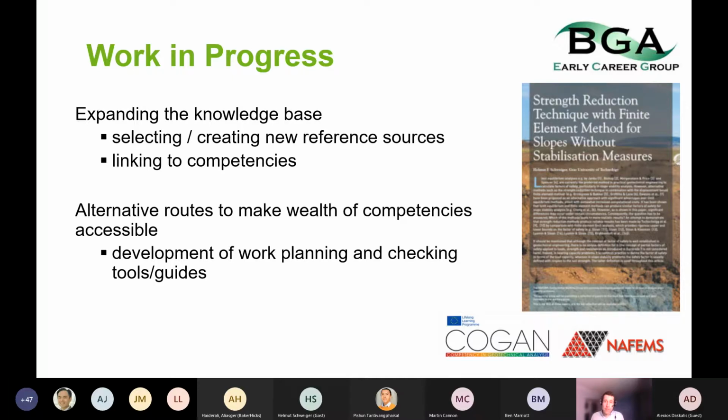I've said there are more than 600 competency statements in the whole tracker, which is of course daunting at first sight, but it's a wealth of thought that has gone into that. And we're also looking at making this more accessible, developing tools that can be used for planning of numerical analysis and checking of numerical analysis that go back and take account of these competencies.